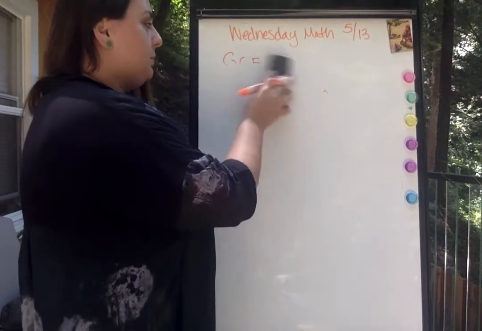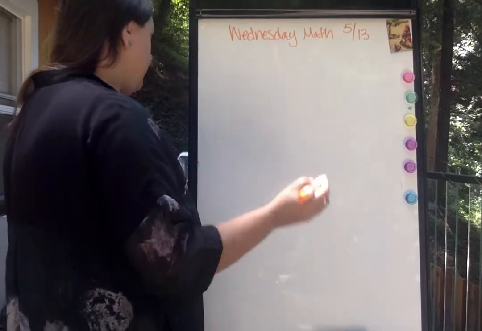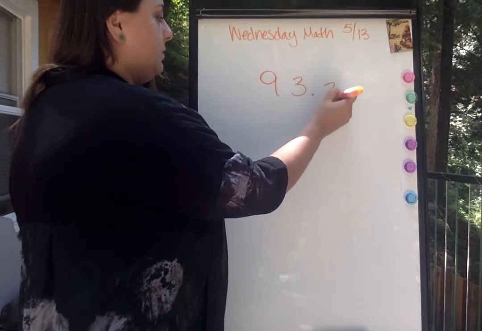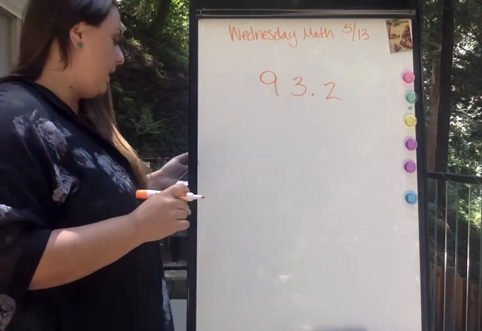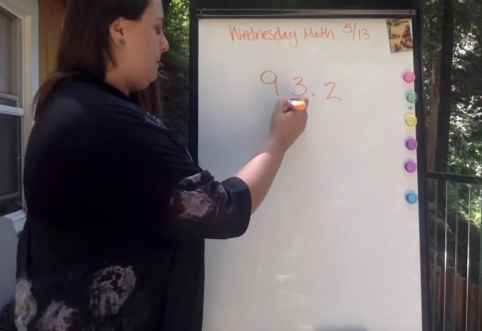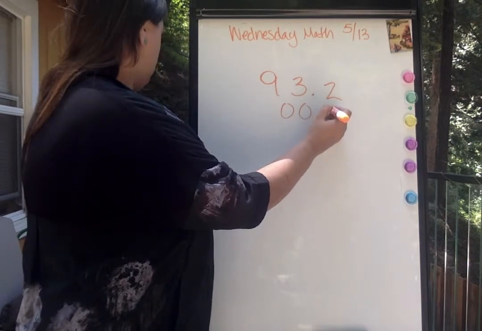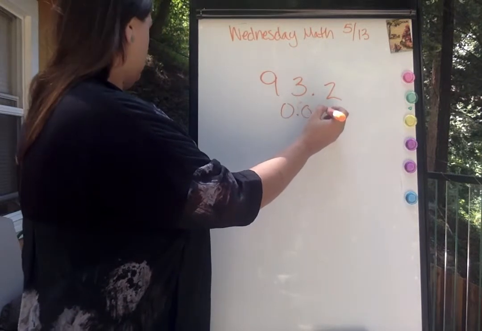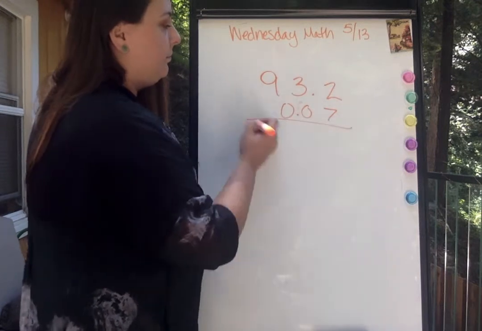Next, we're going to do some multiplication of decimals. So we've got 93 and 2/10. I'm going to leave lots of space in between my numbers. And I've got times 7 hundredths.